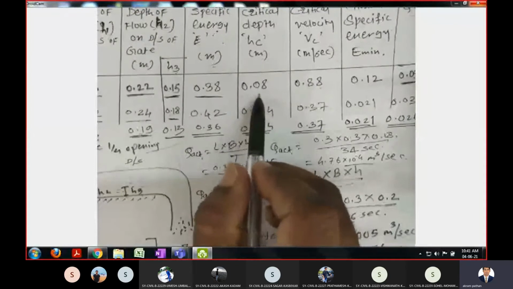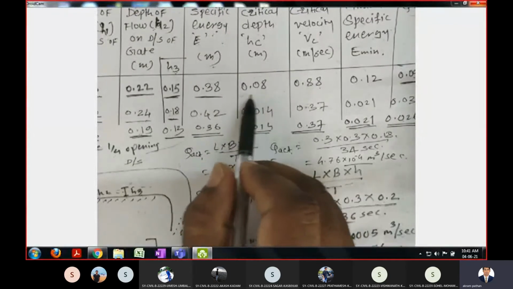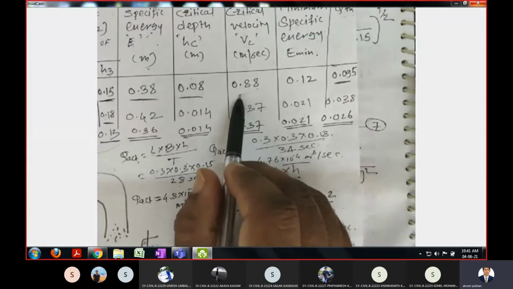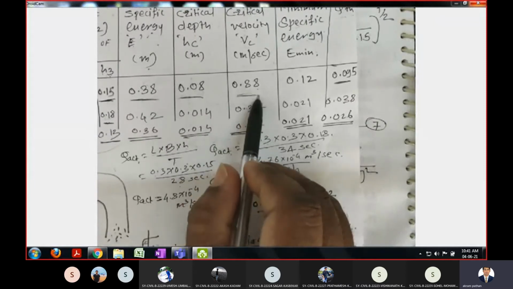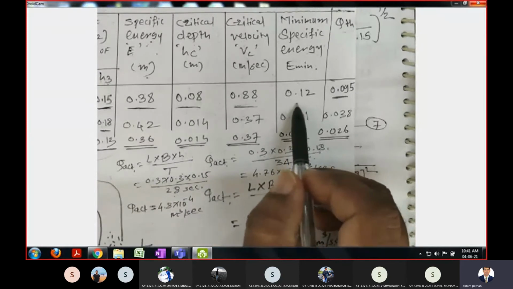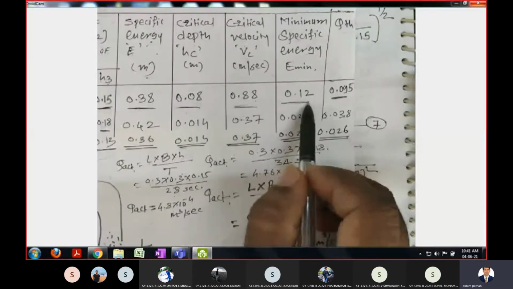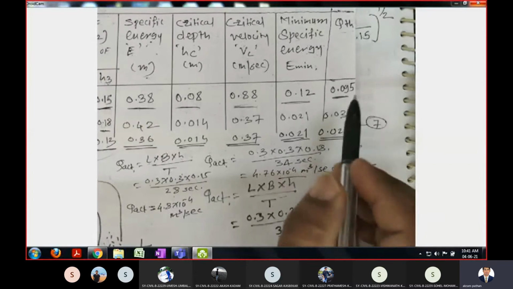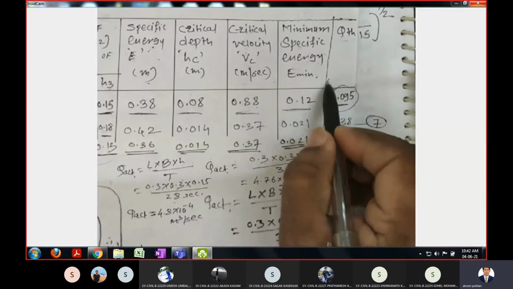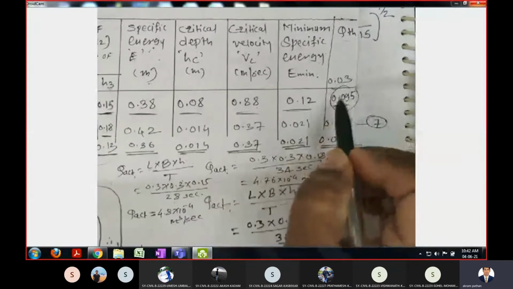Then also we have calculated the critical depth 0.08. Then we have calculated critical velocity Vc 0.88. Then we have calculated minimum specific energy 0.12, and we have calculated this theoretical discharge 0.3.